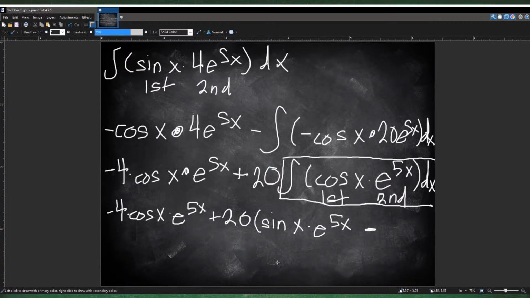minus, I'm running out of space, so I'll just write down here, minus the integral of the first one, which is sine of x. So we're just repeating the integration by parts again, multiplied by the derivative of e to the power of 5x. So the derivative is just 5 times e to the 5x dx.